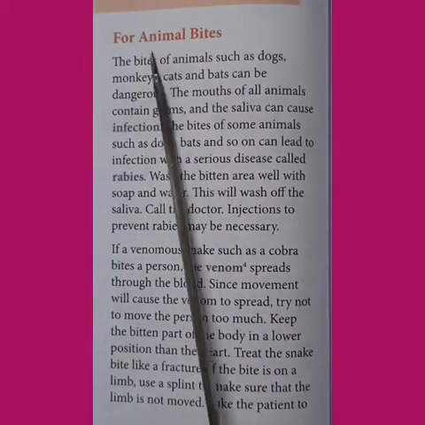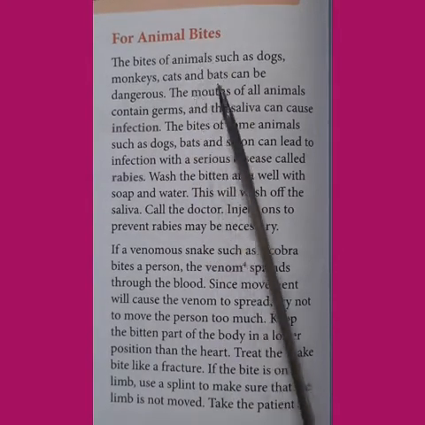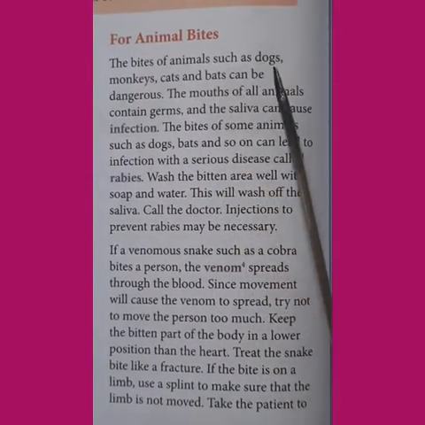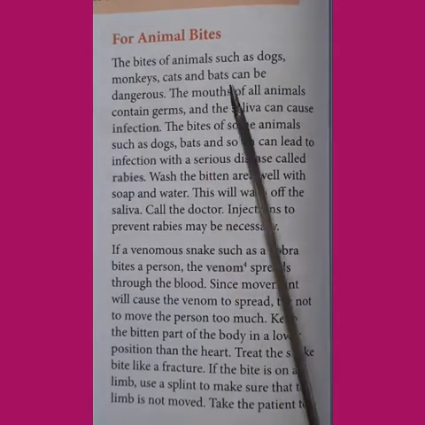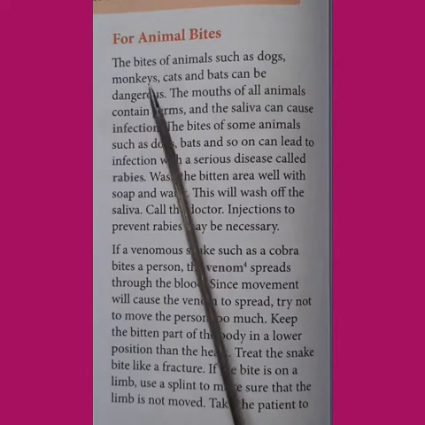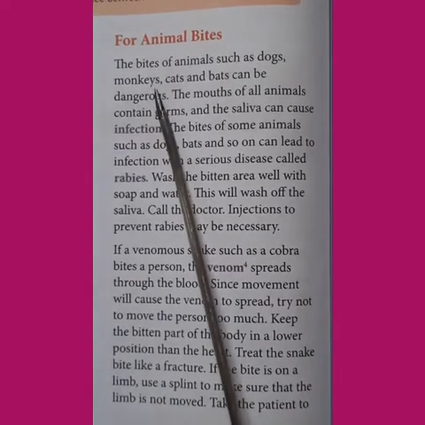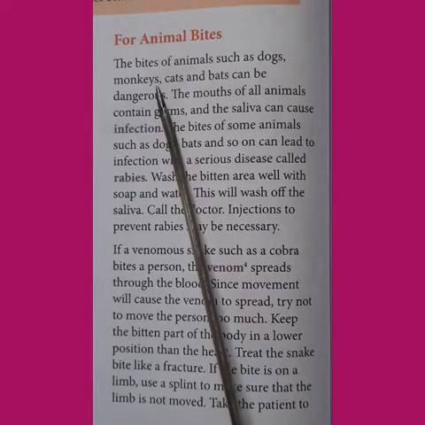How to give first aid for animal bites? You all know that the bites of animals such as dogs, monkeys, cats, and bats can be dangerous. You might have seen monkeys playing here and there in the park, and they come near people in search of food.